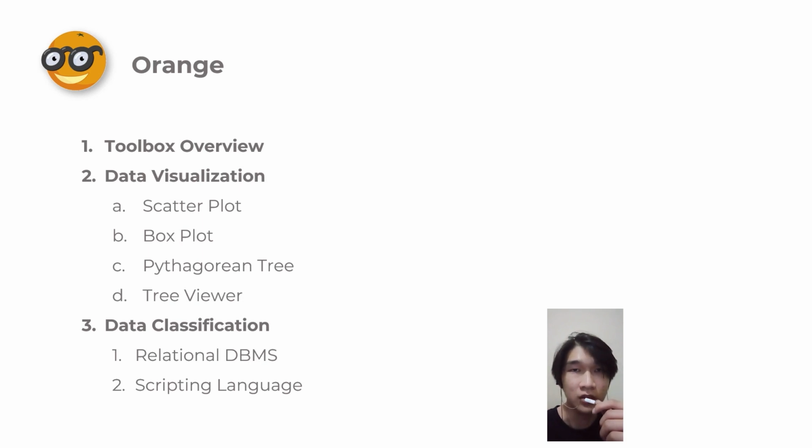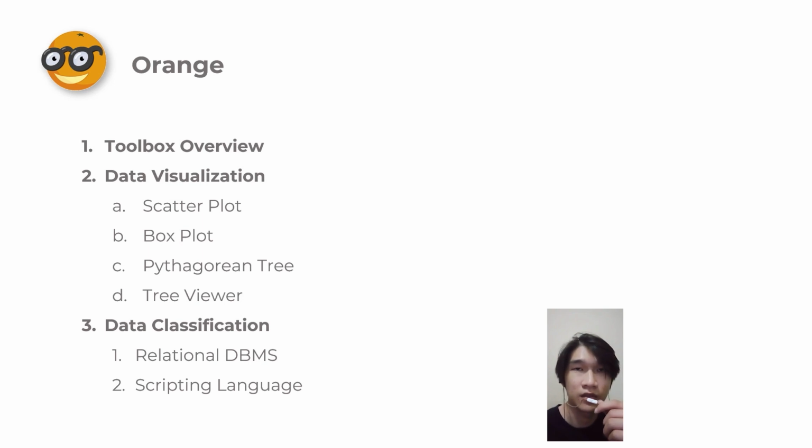And the next one is Pythagorean tree. It is a data visualization tool that is used to provide an overview of the data being analyzed in the form of a hierarchical tree structure and is more complex than a tree viewer. Tree viewer.